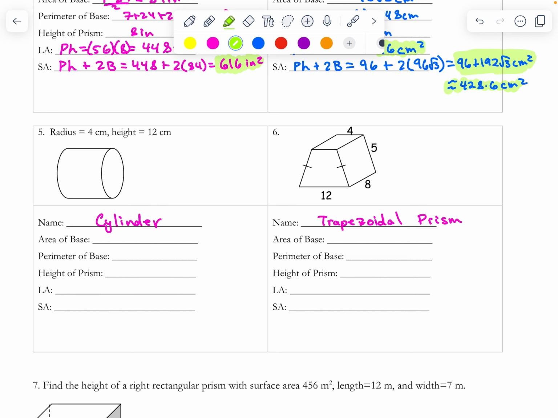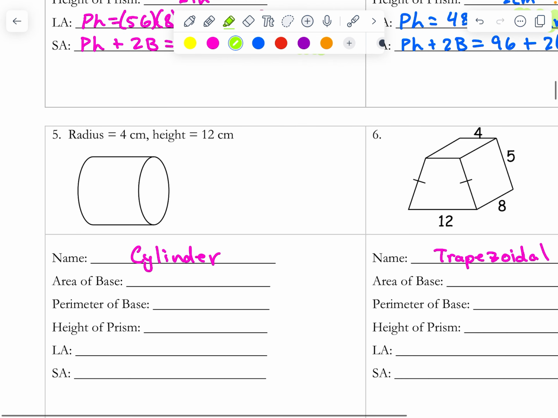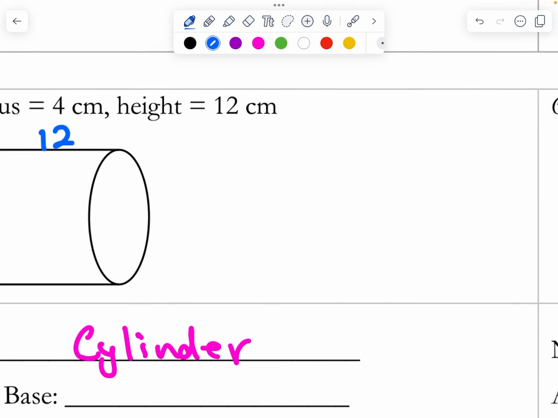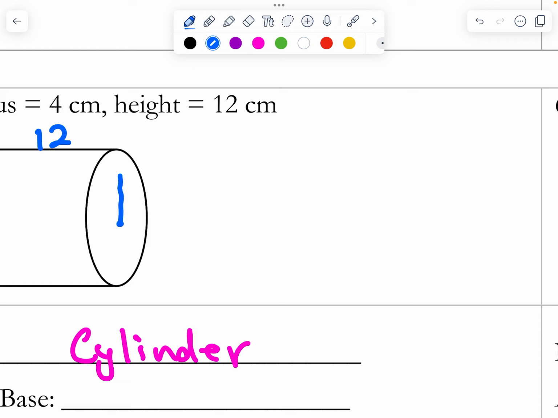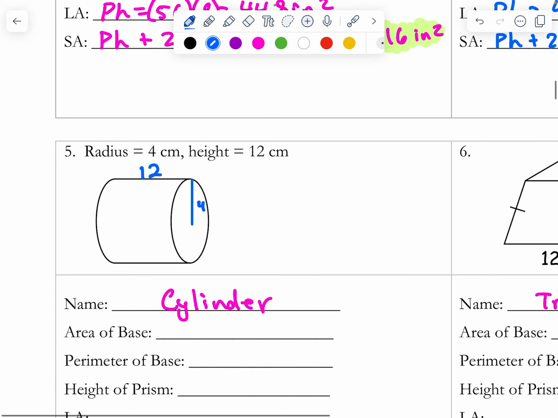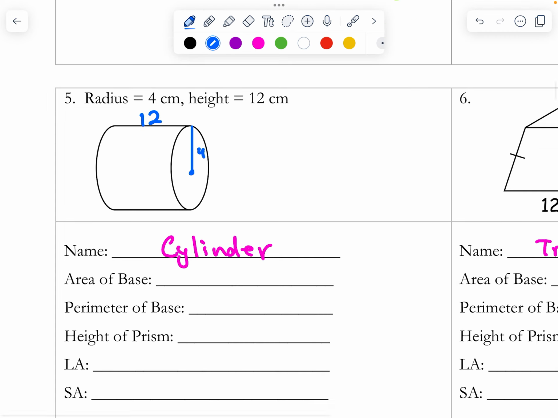Now, cylinders are cool, and generally you'll be given the radius and the height. Here, let's go ahead and mark them. So my radius here is going to be 4, and the height is 12. Great. All right. So area of the base.